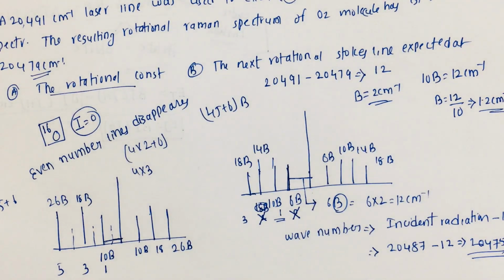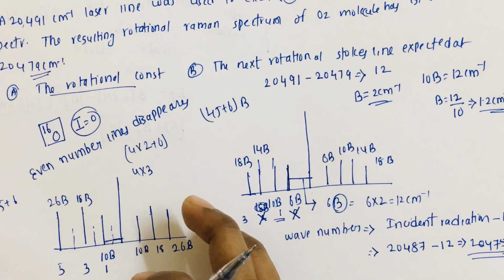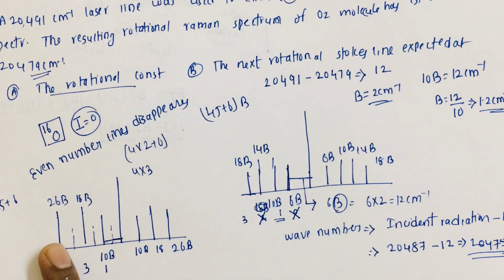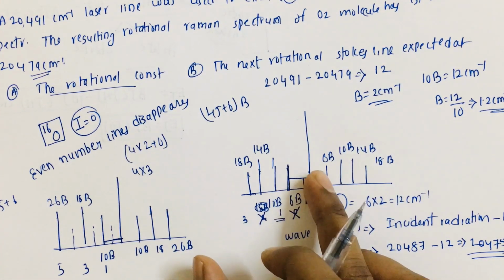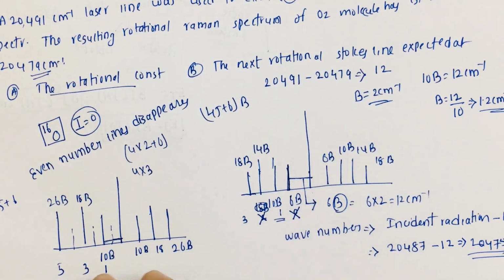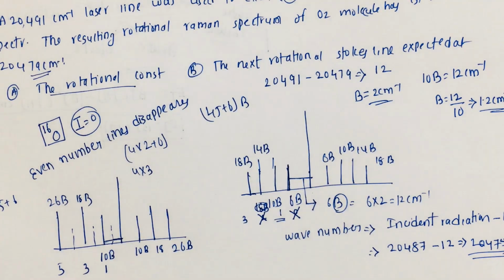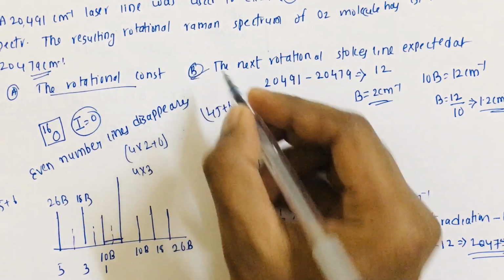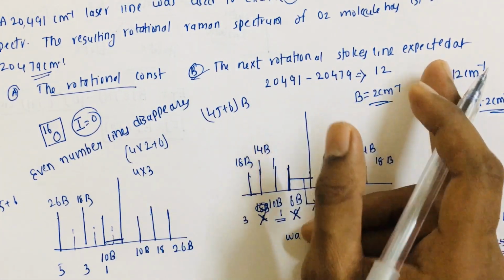So this is the B value. When the spin value is 0, all even numbers are missing. Normally the energy difference between the first Stokes line and the incident line is 6B, but when the spin value is 0, it will be 10B. And the second question is where the next rotational Stokes line is expected.